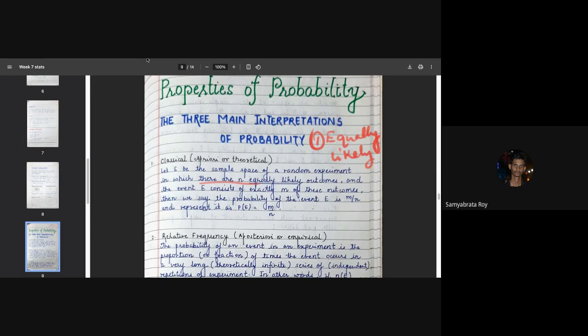In this scenario, the probability of occurrence of E is nothing but the cardinality of E divided by the cardinality of the sample space, where S is the sample space, E contains exactly M elements and S contains N elements. So this will be M by N.